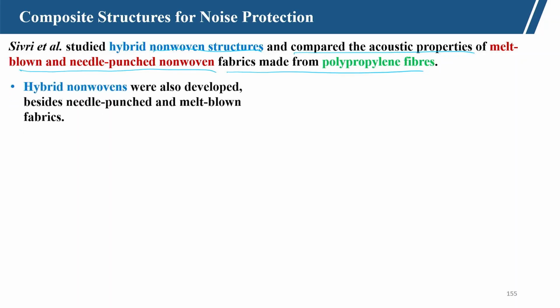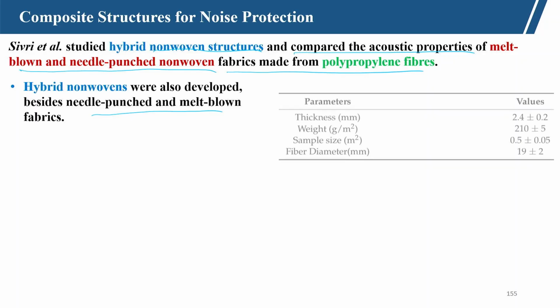So, hybrid nonwoven fabrics were developed besides the needle punched and melt blown fabric. They produced needle punched fabric, melt blown fabric separately, and then melt blown and needle punched hybrid fabrics also, and comparative studies were carried out.